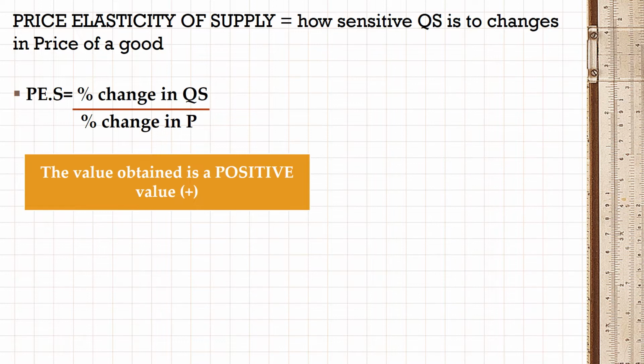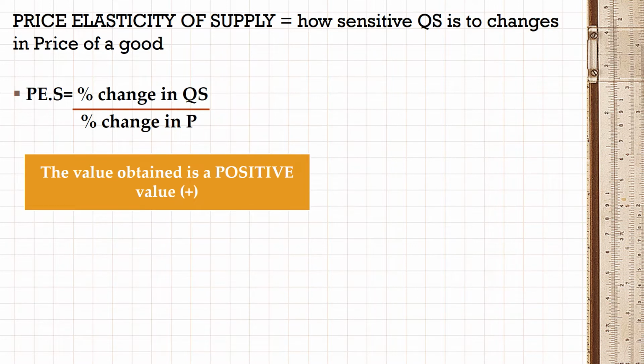So we say that quantity supplied is sensitive to changes in price level when, let's say, a small change in price can lead the suppliers to react quickly. For instance, if there is a decrease in price, suppliers can easily cut down on the commodities, or if there is an increase in price, they can quickly supply more, which I understand is prevalent for manufacturing goods.